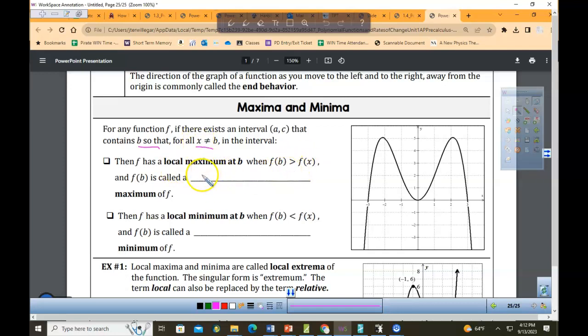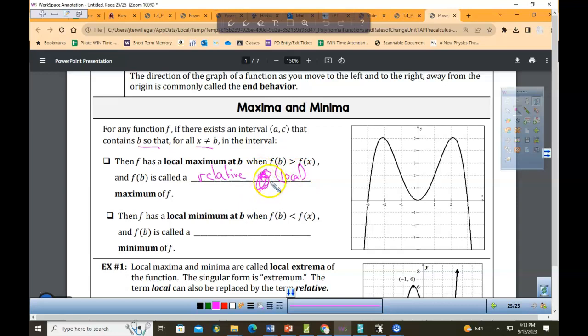That makes f of b a relative or local max. They mean the same thing, okay?